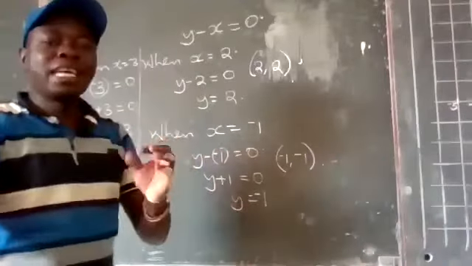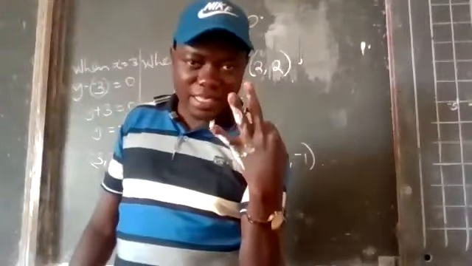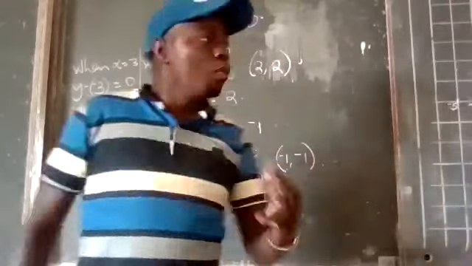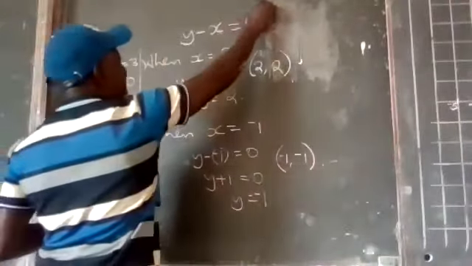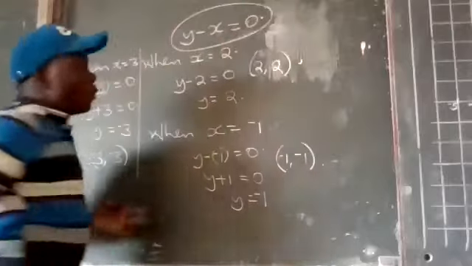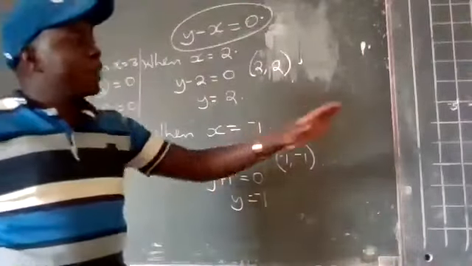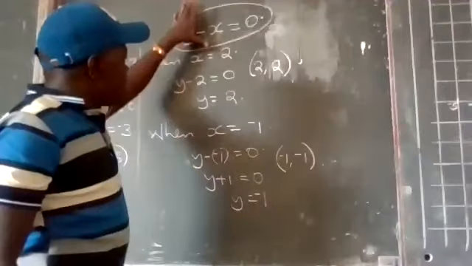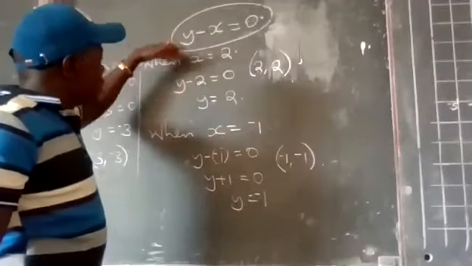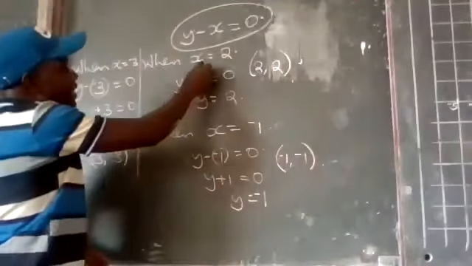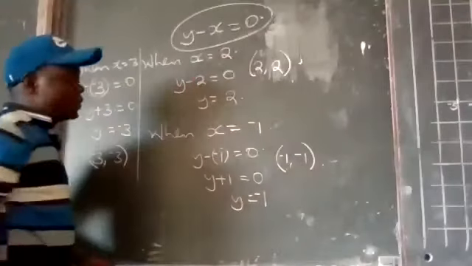Here, we want to get at least 3 points on a line. We are given the equation of the line as this one. We are looking for at least 3 points on the line, which we are going to plot on the graph to draw our mirror line. So, how do we get those points? You choose, these are values of your choice. These are points of your choice.